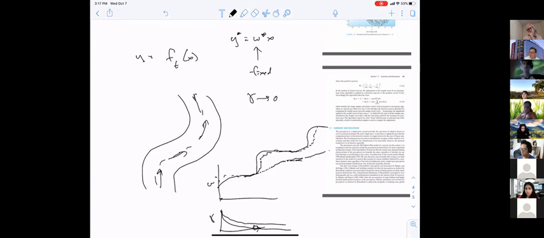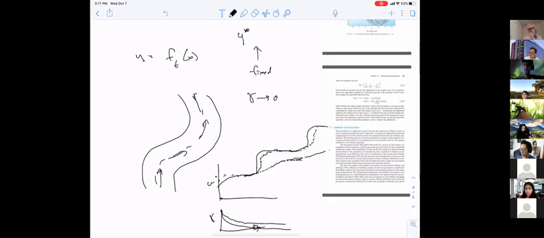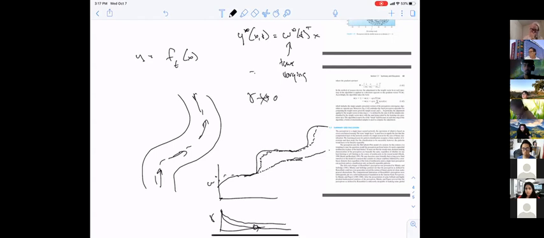But suppose that instead you think that y star of x comma t is equal to w star of t transpose times x. Now what's happening is that w is not fixed. This is time varying. And because w star is now time varying, you don't want gamma to go to 0, because W is going to keep changing with time.